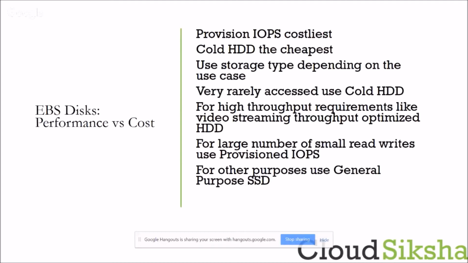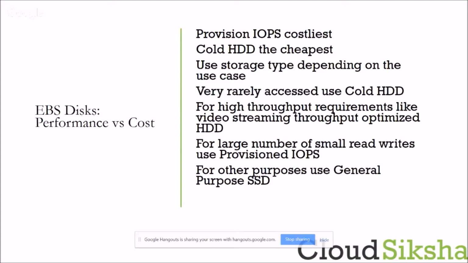If you want higher throughput, then you can also look at the HDD option, where the HDD is throughput optimized. Suppose you want to do video streaming, then you can look at that. And if you are storing some data that you want as primary storage, you don't want that in S3, but you want it in your disks as of now, but you know very well that those files may not be accessed much, in those cases you can go for cold HDD.